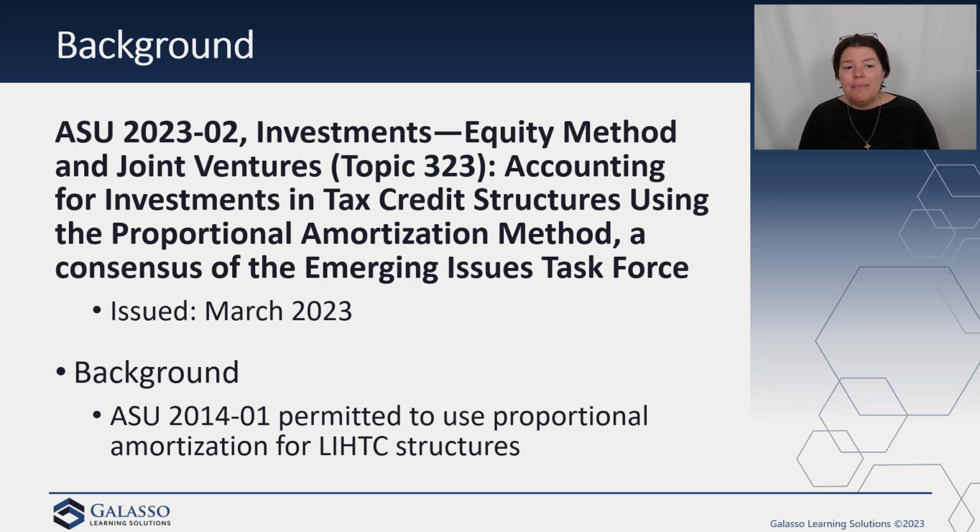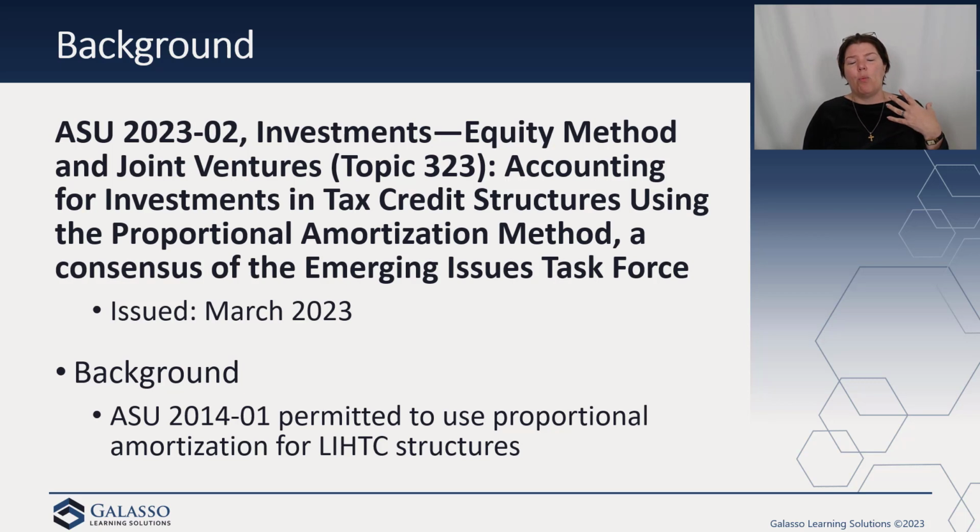However, it is limited to the proportional amortization method for low-income housing tax credits, or LIHTC structures. So very, very narrow. It allowed a method of accounting that people really liked, but it was narrowed down to only those that qualified as low-income housing tax credits.